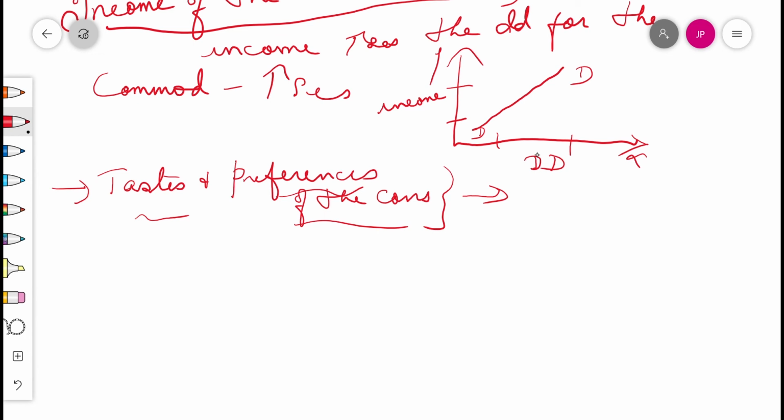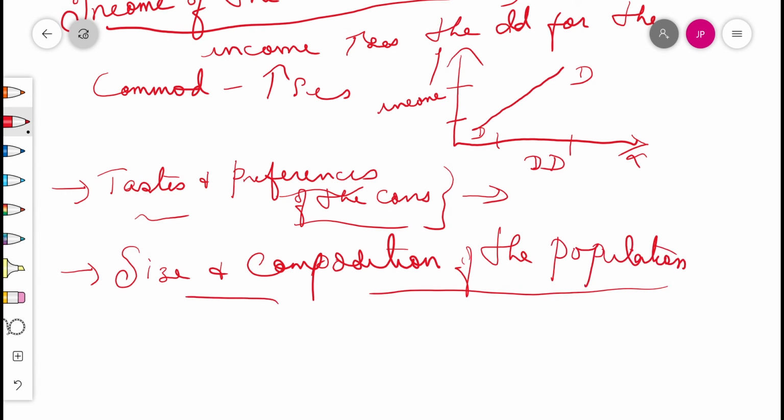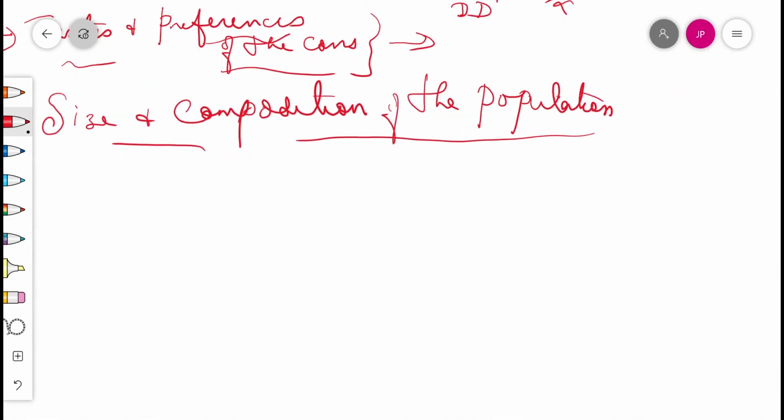Next point we have is size and composition of the population. How does it affect? Demand for the commodities will increase if there is a larger population. If the country is overpopulated, the demand for the necessaries will be more and for the luxuries lesser. Increase in population increases demand and vice versa. Yes, how can we draw the diagram?